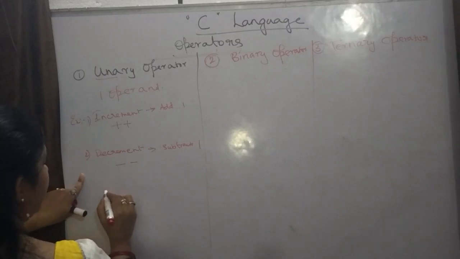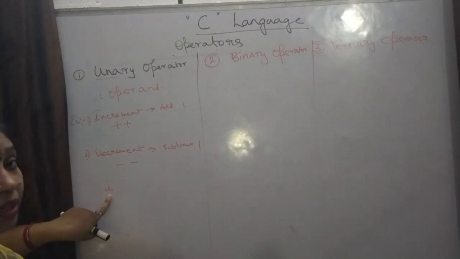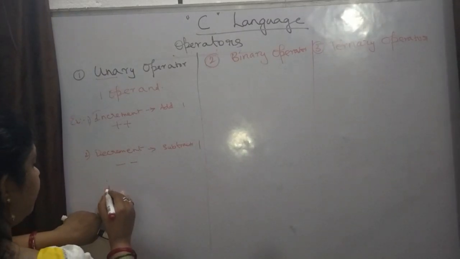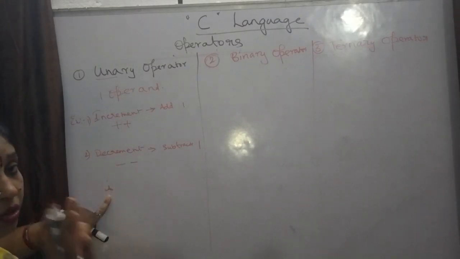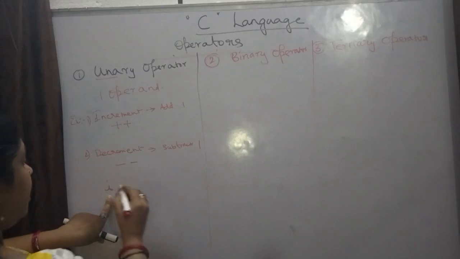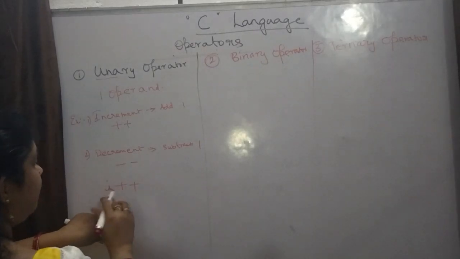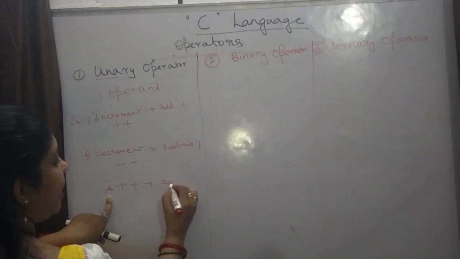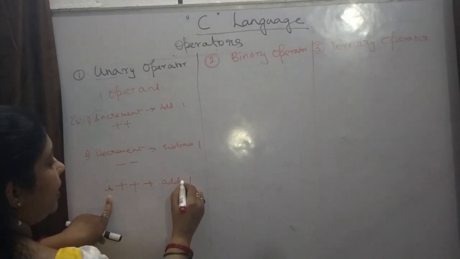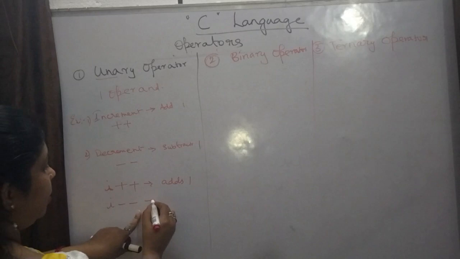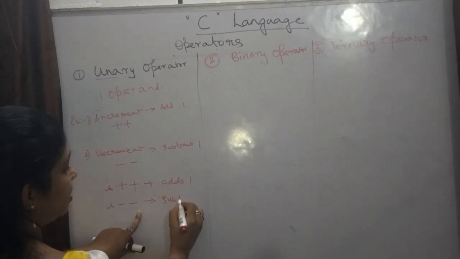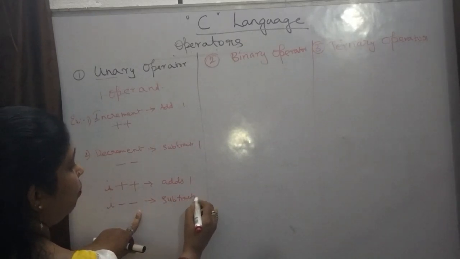For example, I is the variable, and suppose some value is assigned to I. If you write I plus plus, it will add 1 to it. If you write I minus minus, it will subtract 1.